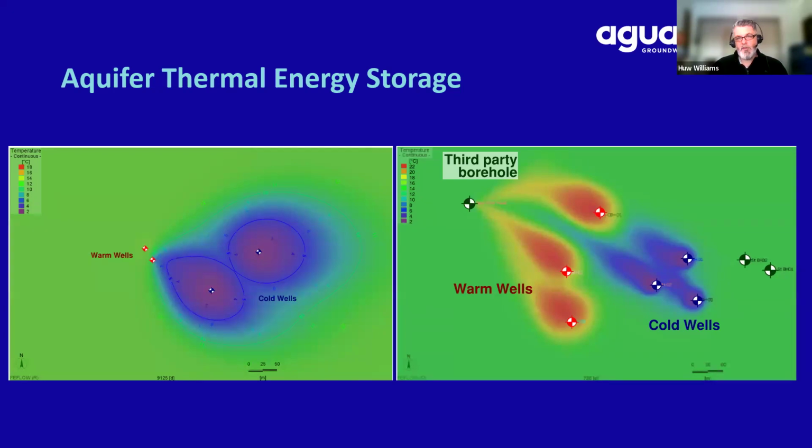As you can see here, they're all going up to sort of the northwest. And there's, again, a third-party borehole, where we can see that the pumping from that other borehole is also affecting the efficiency of our storage of warm and cold water. Not only are we having migration of the plumes, but we're having this third-party borehole pinching some of our nice warm water.